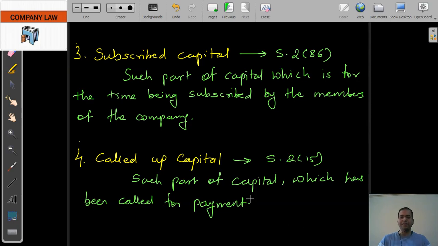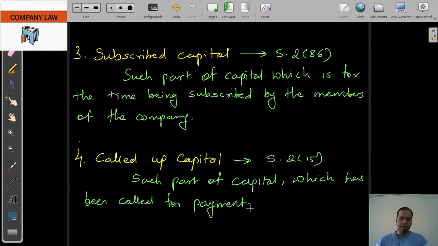Basically, it is that part of the subscribed capital which has been called, or rather demanded, on the shares to make the payment by the company.